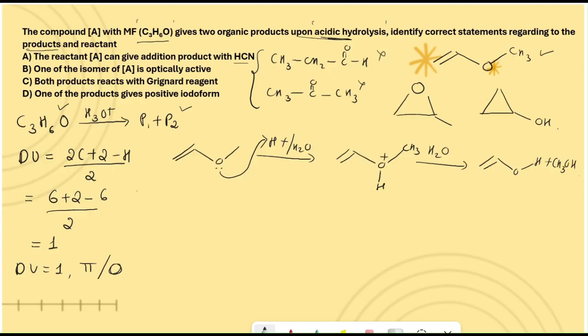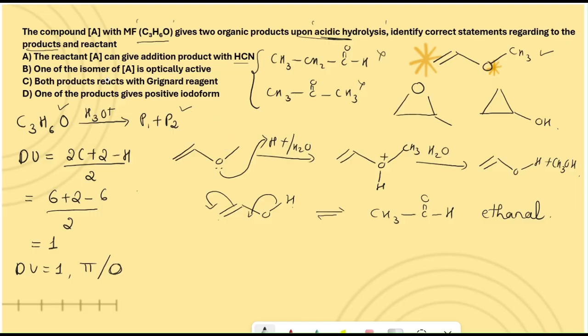We know enols are not stable, so it will undergo tautomerization. We write it like this: CH2=CHOH is the enol, which tautomerizes to acetaldehyde, CH3CHO. So this is the only one which gives 2 products. So this might be our reactant.